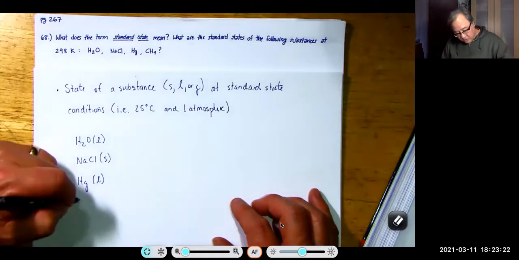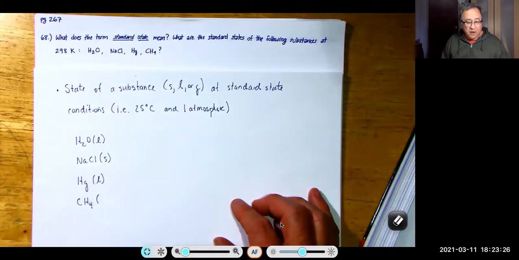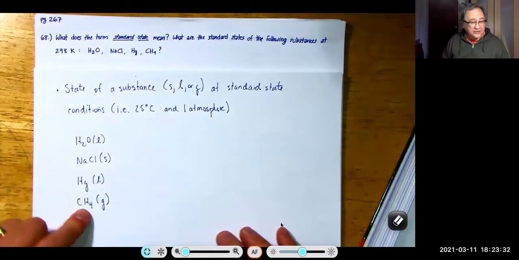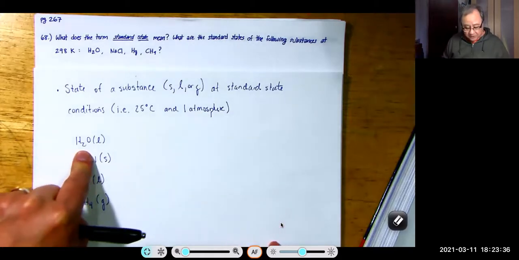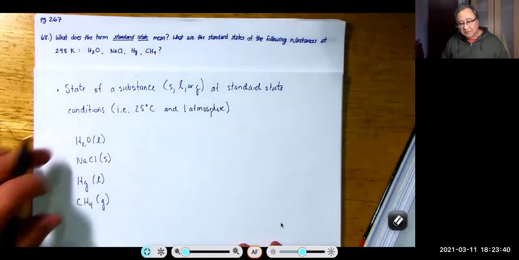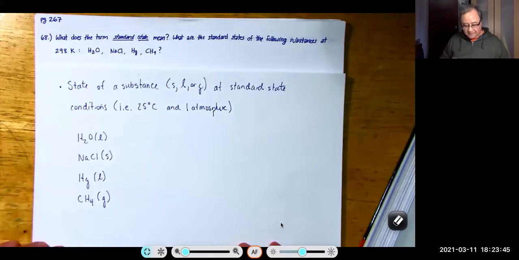And CH4, now if we know the name of this, methane, we probably have an idea of the standard state, and that's a gas. Small molecules are often gases at room temperature, which is really surprising for H2O because it's a molecule and it's a liquid at room temp. So water has some fantastic properties that are not normal.